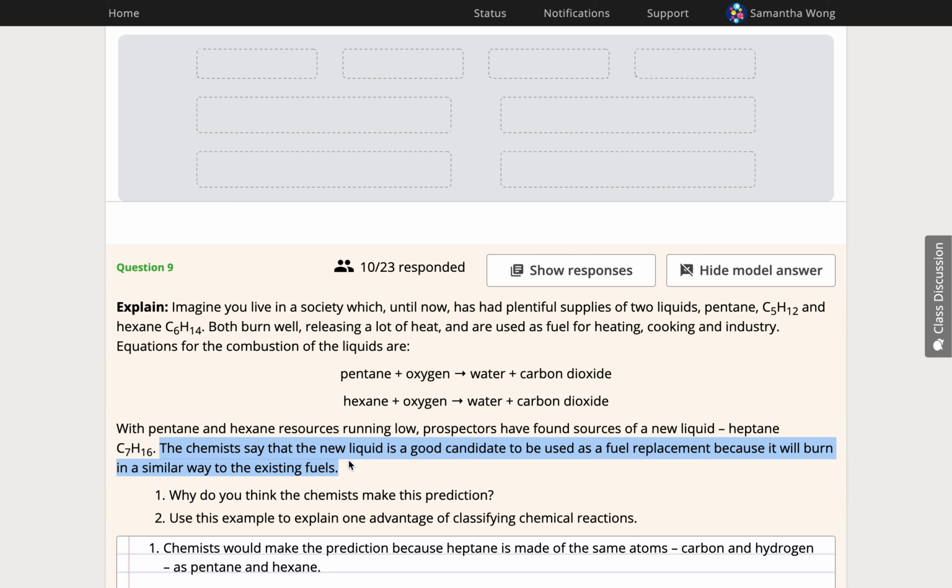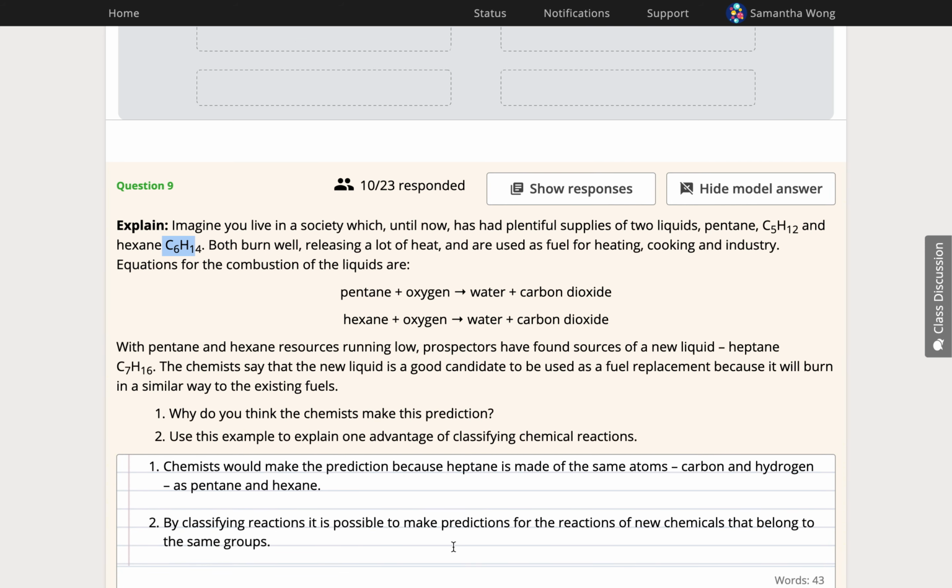Chemists can make predictions. Okay, if liquids with carbon and hydrogen are good for heating, cooking, and industry as fuels, no matter how many carbons or hydrogens there are, it will still be a good fuel. So by classifying it into the same group, they can make these predictions for these reactions that belong to these groups.